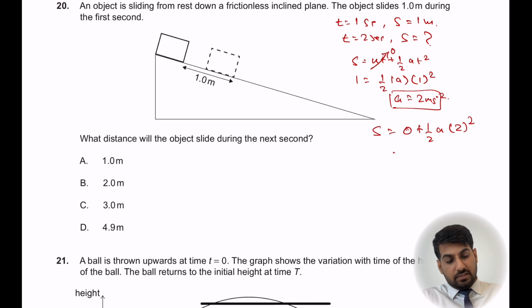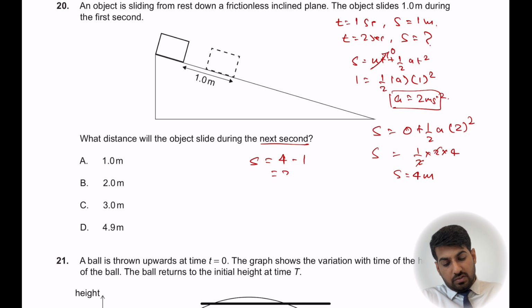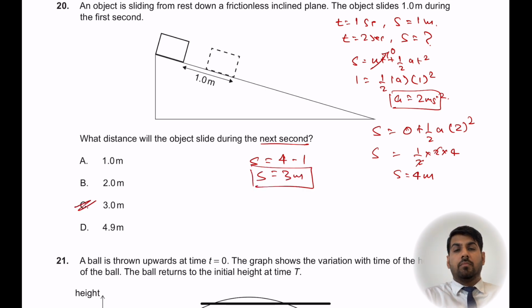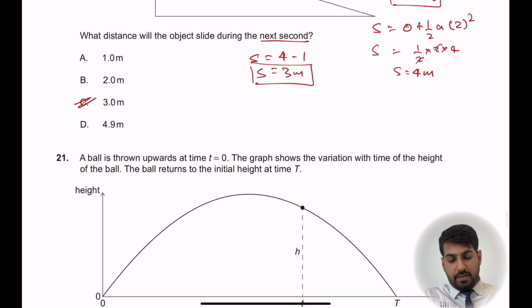So acceleration is 2, so half into 2 into 4. So displacement is 4 meter. So the displacement in the next second will be 4 minus 1, which will be 3 meter. So in this next second it will travel 3 meter. Okay, you just have to play with the equation, nothing more than that.